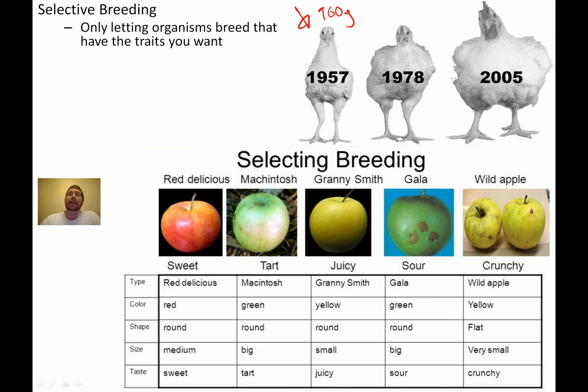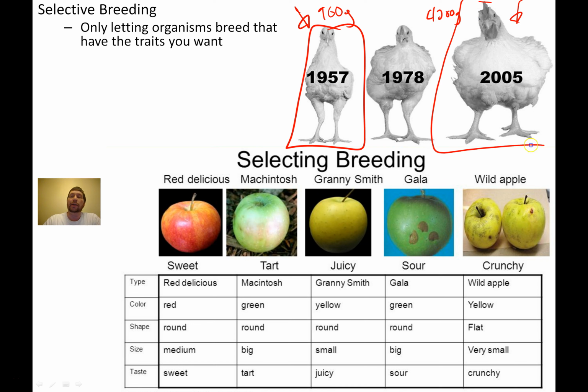By 1978, you can see they got bigger, and then by 2005, this is what a modern day chicken looks like today. These suckers weigh 4,200 grams. And so what's happened is we've increased the weight of the chicken by over 6 times in just 60 years. Now, how did we do that? We only let the largest chickens mate together. And so a skinny chicken like this would never be allowed to mate because we don't want a chicken like that.